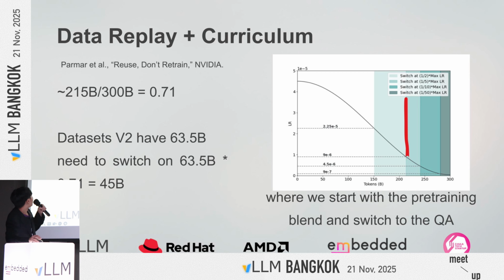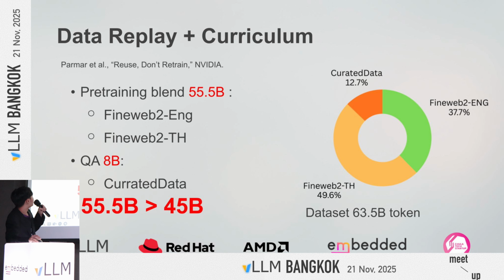Then we're going to do this on our dataset. As we tried, the paper only needs a pre-train blend of 45 billion tokens, but I have much more, 55 billion, which is much more than 45 billion. So when I tried this method, it was not the same as the best approach in this paper.